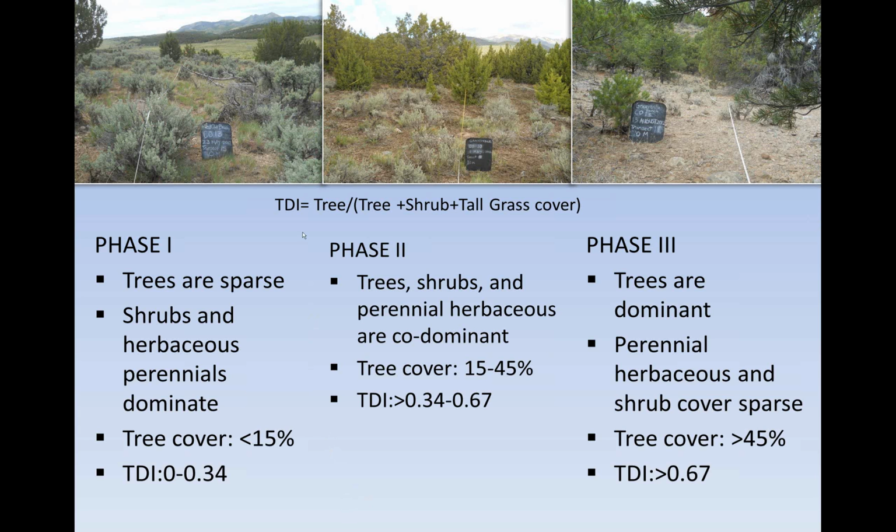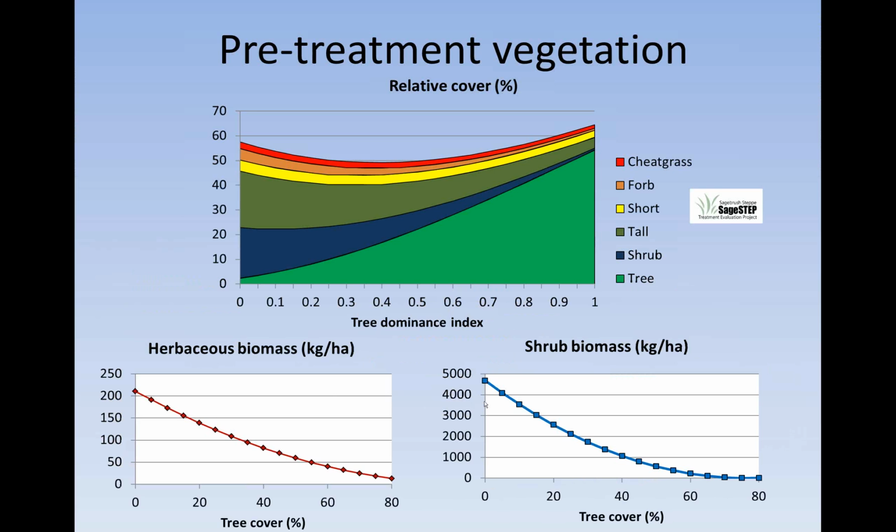For some other studies where we weren't able to calculate the pre-treatment tree dominance index, we've also come up with some ranges of tree covers for these phases that I'll be talking about. Okay, so low, medium, and high tree cover. In actuality, tree cover is a continuous variable, and it increases in patches or across an expansion front.